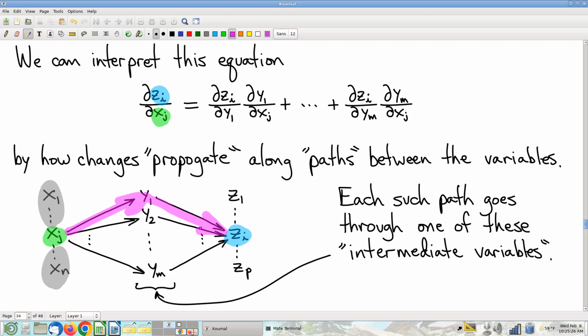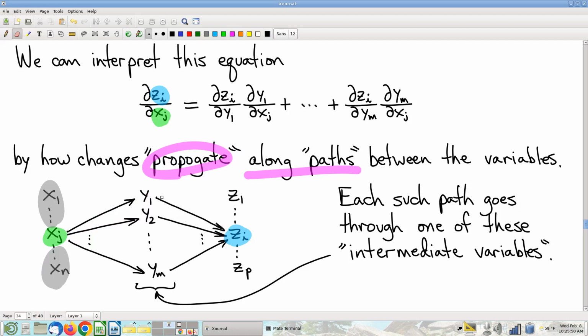So this is what I call a change propagating. It's propagated through these different arrows from changes in xj to an eventual change in zi along this path going through y1, or you might say by way of this intermediate variable y1 that's in between them.